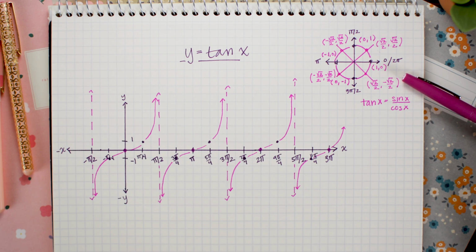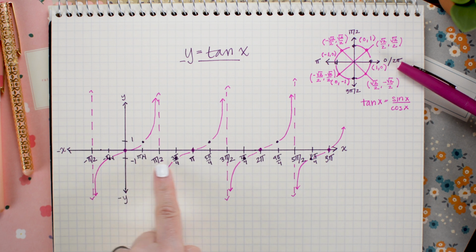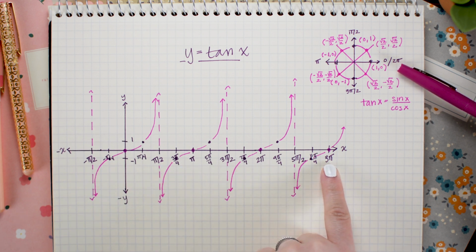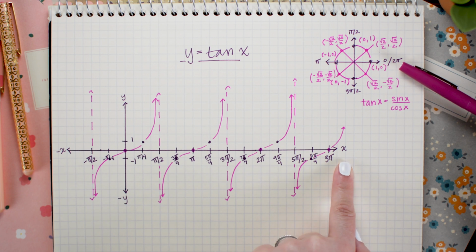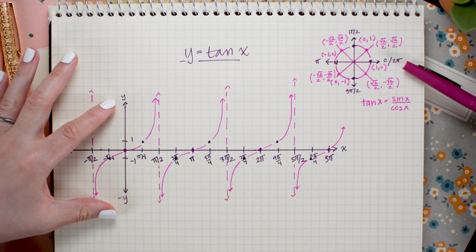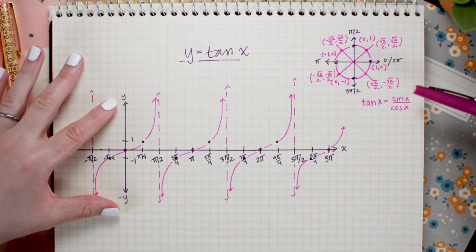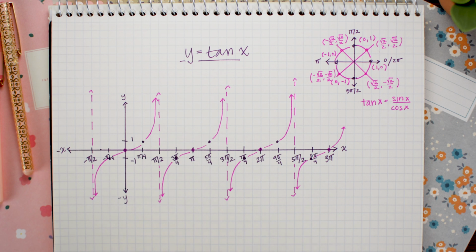And now we can translate these points and the rotations onto their own graphs, where the rotations are our input values on the x-axis, and our outputs are what sine, cosine, or tangent would be on the y-axis. So hopefully that's all kind of tying together for you now.